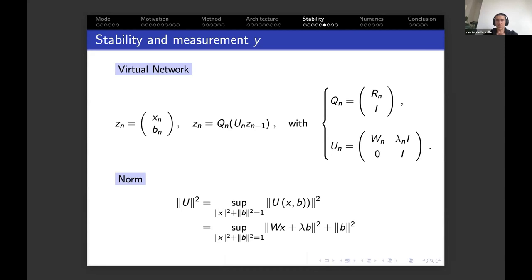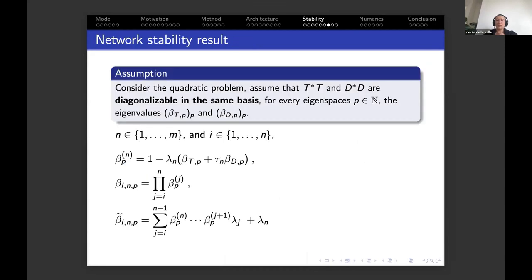Okay, so now I have the rule to compute my theta, and I have the norm to compute it. So I do all the computation. I still have one assumption that I need for this computation. I assume that T star T and D, which is a regularization, a derivative, are diagonalizable in the same basis. And so I can compute eigenvalues in the same eigenspace.